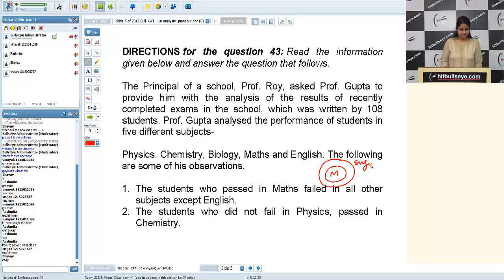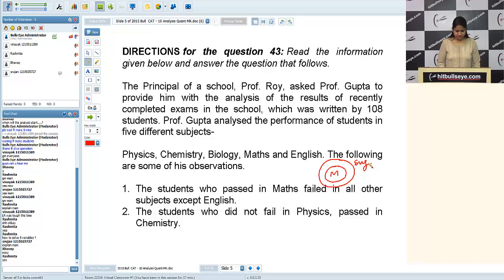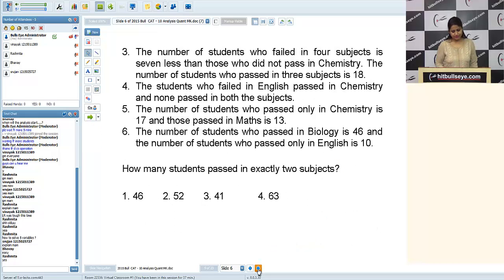Is it okay? Srujan and Rashmita? Now, the students who didn't fail in physics, it means the students who are passed in physics, they are also passed in chemistry. It means physics circle that will lie in chemistry circle. Now fourth, if we take fourth statement, the students who failed in English passed in chemistry and none passed in both the subjects.